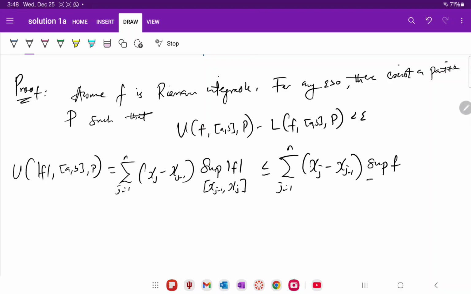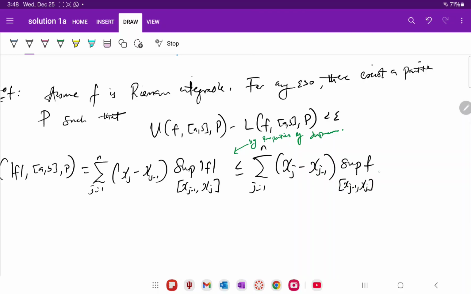This is just by the properties of the supremum, and this is the definition of the upper sum U(f, [a, b]).